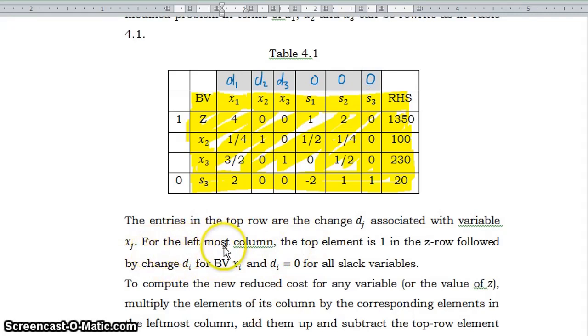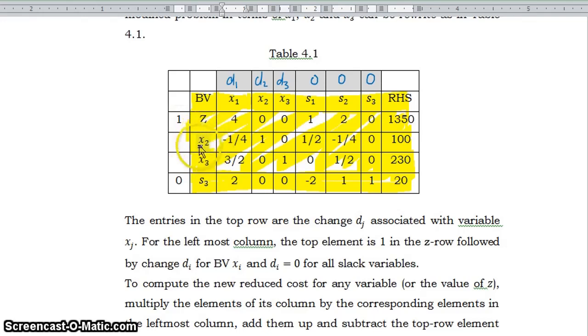For the leftmost column, the top element is 1 in the z row, followed by change di for basic variable xi, and di equals 0 for all slack variables. In row 0, the basic variable is z, so the element in this cell is 1.